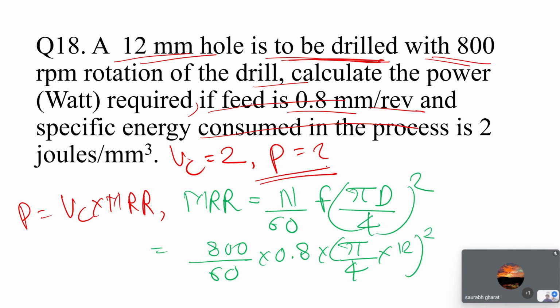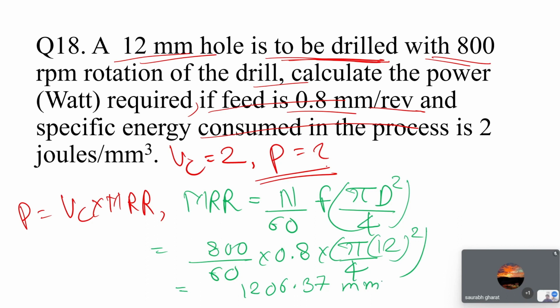Okay, 12 square. It is not a square of this, just the square of d. So it will be 1206.37 millimeter cube per minute. Okay, you have to understand this.